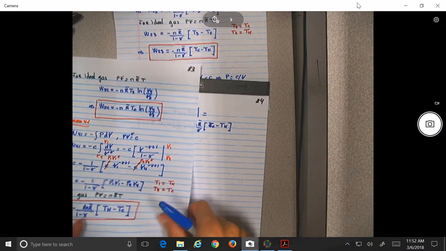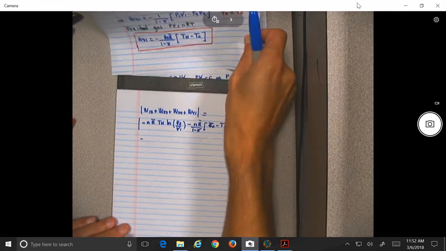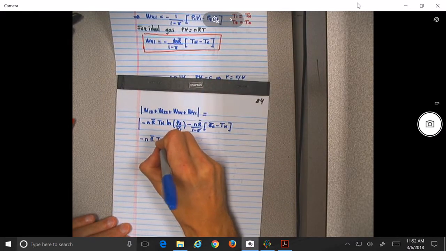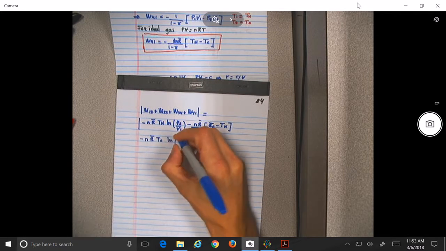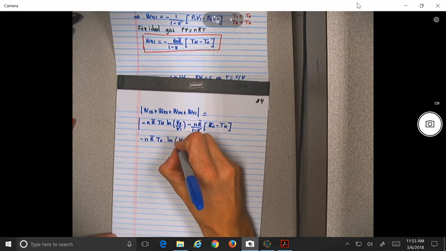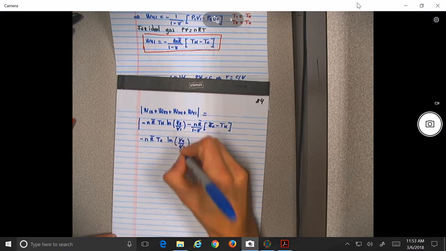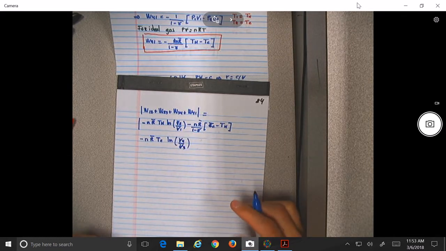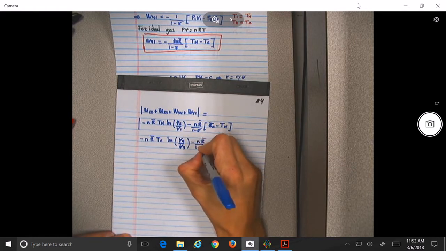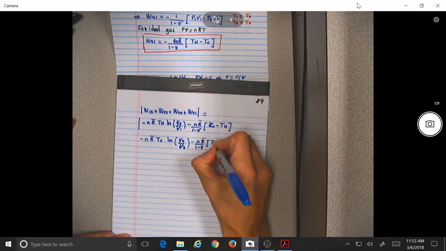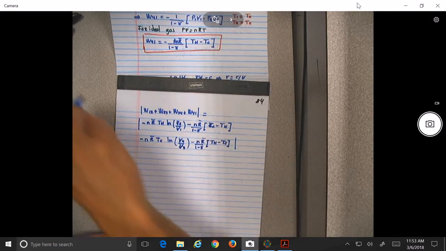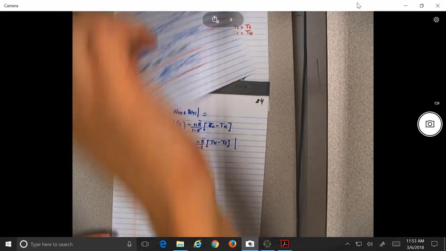I have it on that page: N R T cold log V4 over V3, minus N R over 1 minus gamma, T hot minus T cold.